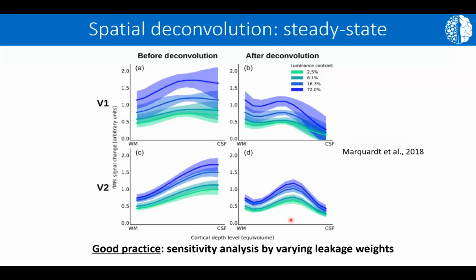Now, as a cautionary remark, because we don't know the weights really, what I would do is the same thing as we have done, but then do a sensitivity analysis by varying the weights. So if we assumed leakage is 0.3 from one layer to the next, perhaps you vary your weights from 0.25 to 0.35 in order to see whether this peak remains. So as good practice, I would recommend to do sensitivity analysis on the weights.